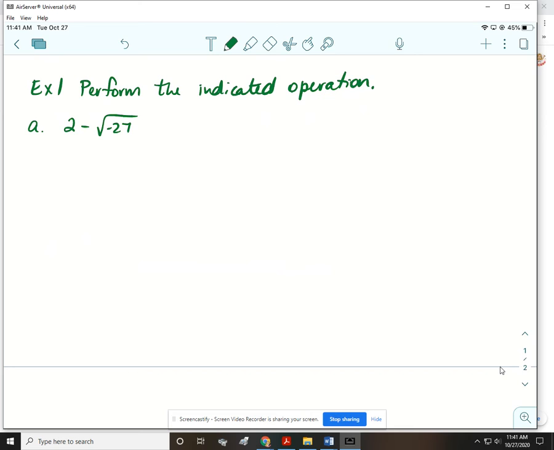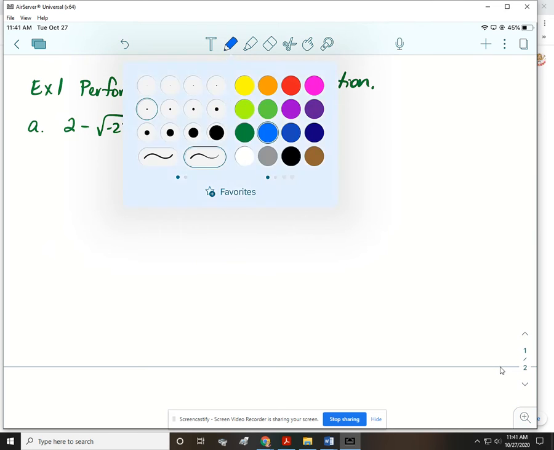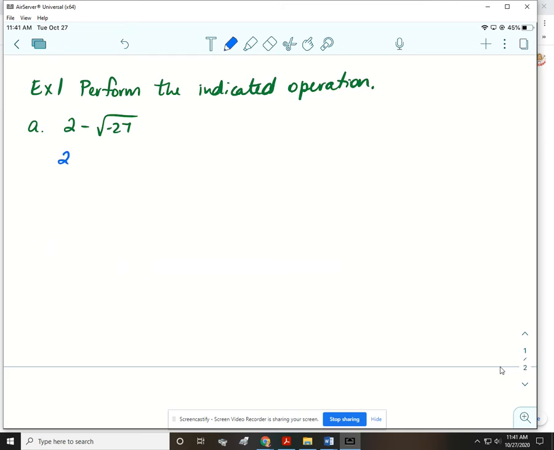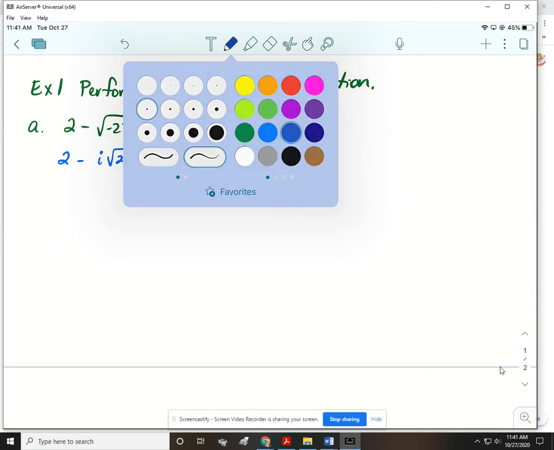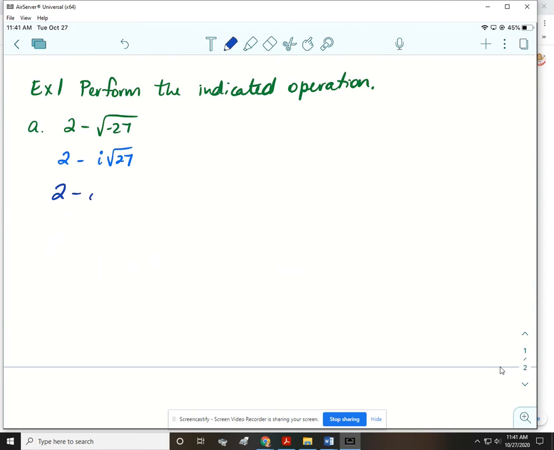All right, I cannot subtract those. What I can do is simplify the square root of -27. So I would, because it's a negative under the square root, pull out an i and make it positive 27 underneath the square root. And then I would simplify the square root of 27.